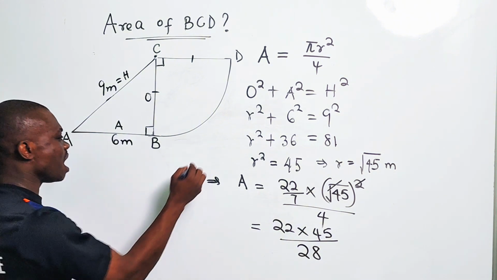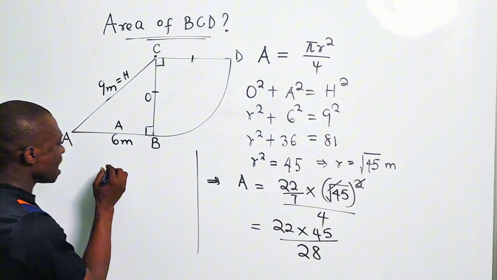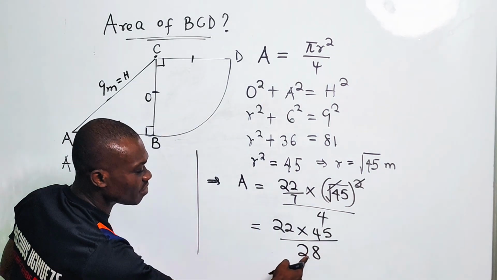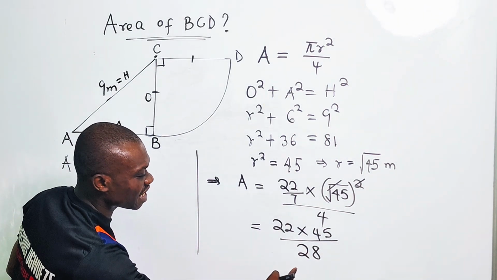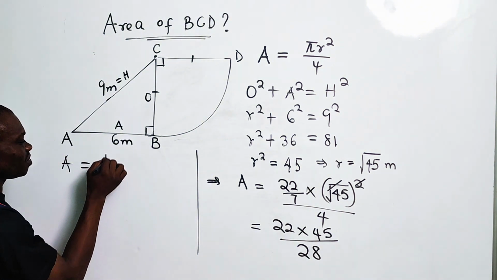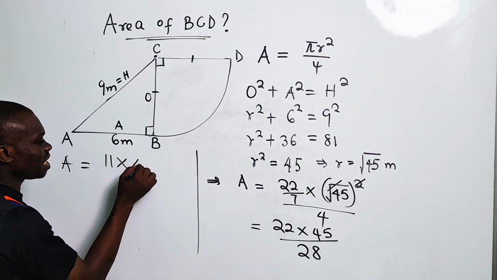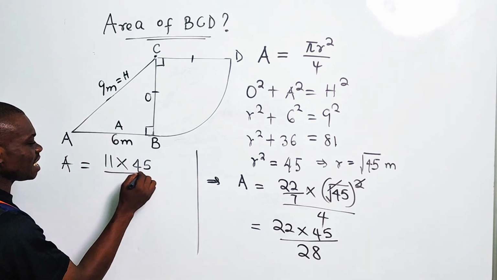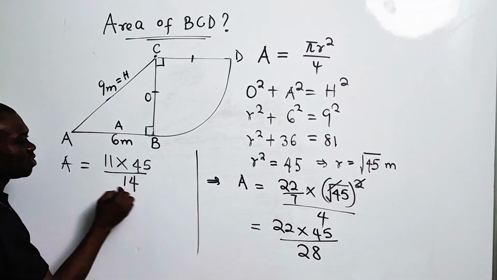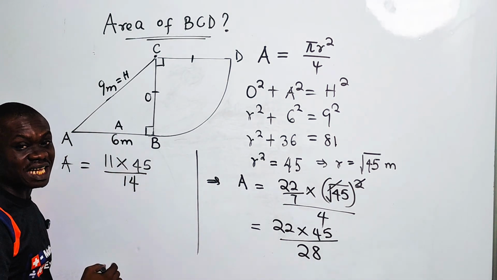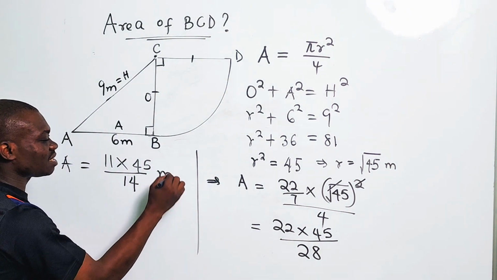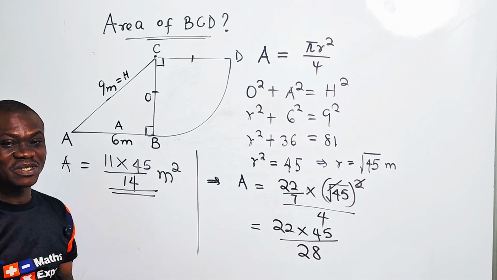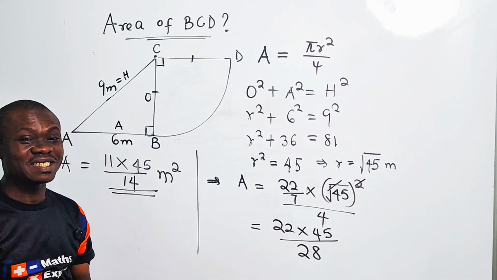What happens then is that our a becomes equal to, there is something that can reduce here, and that is 2. 2 into 22 is 11, multiplying 45, all over 2 into 28 is 14. By the time you multiply all this and divide, your answer is in meters squared, and that would be the solution. So that's what I set to bring to us in this video.